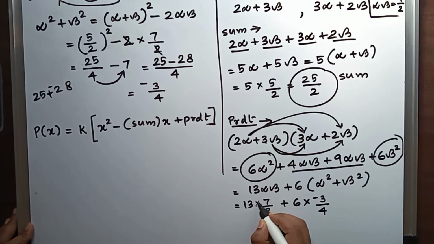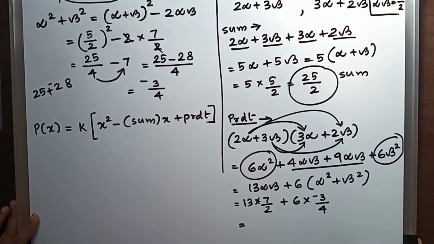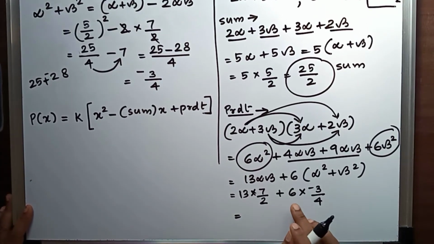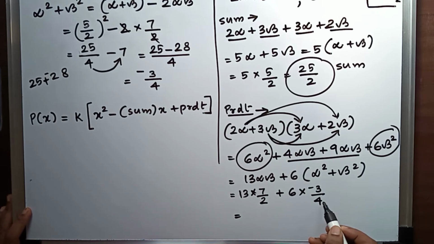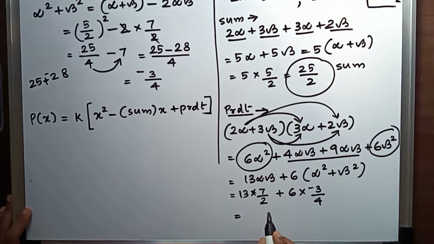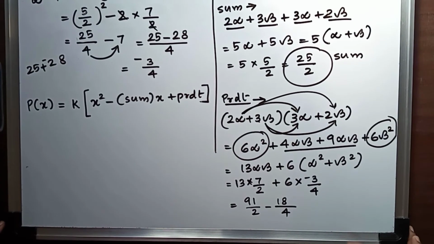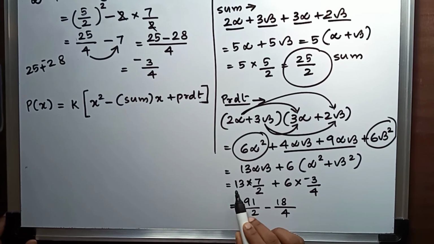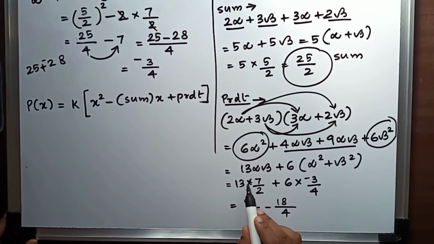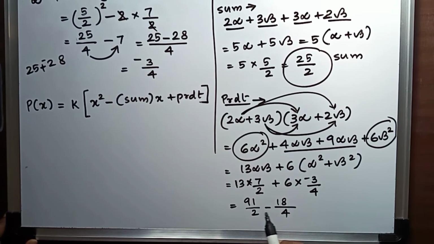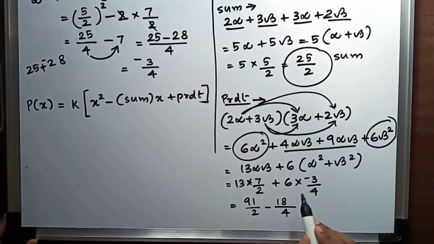Okay. So 13 into 7 by 2. Here 6 into minus 3. See, a positive number when multiplied by a negative number, the result will be negative. So here it is. And here 7 into 13 is 91. 7 into 13, 91 by 2 minus 6 into 3, 18 by 4.